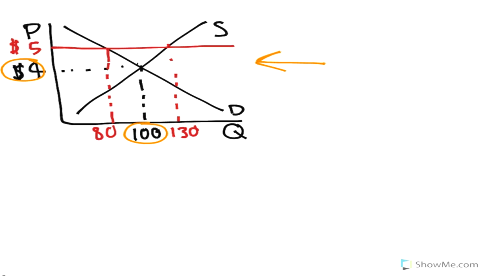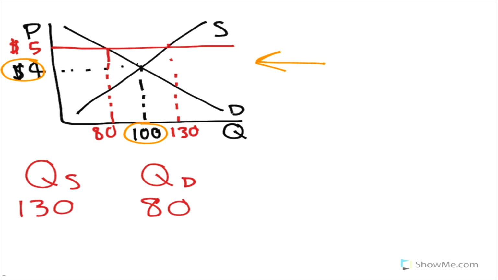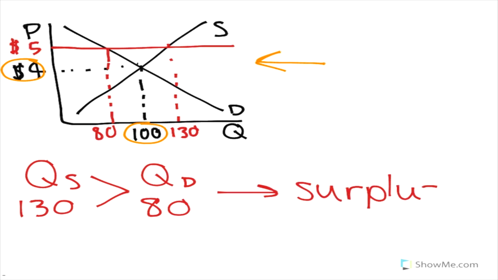So if we look at our numbers, we know that quantity supplied is 130, quantity demanded is 80, and so since quantity supplied is greater than quantity demanded, we know that this is a surplus.